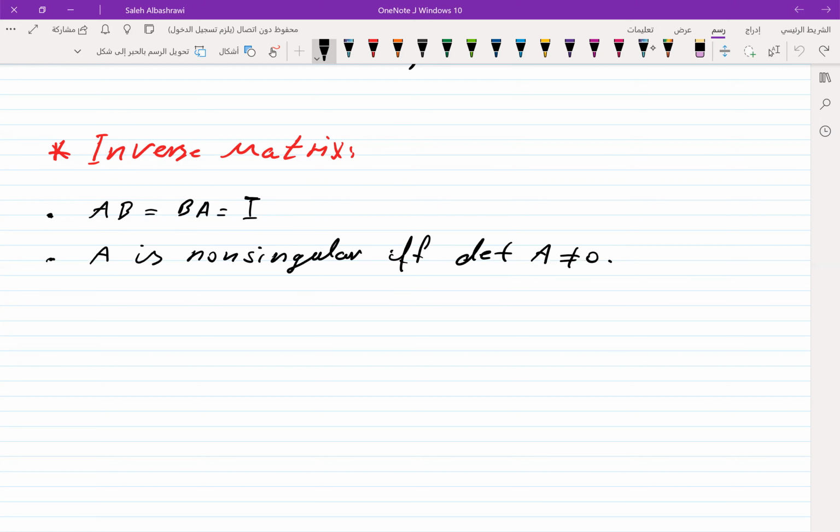So a matrix A has an inverse if there is a matrix B such that A times B equals B times A equals the identity matrix, or square matrix n by n. And A is non-singular if and only if the determinant of A is not equal to 0. And to find the inverse for a given matrix, we have two methods.